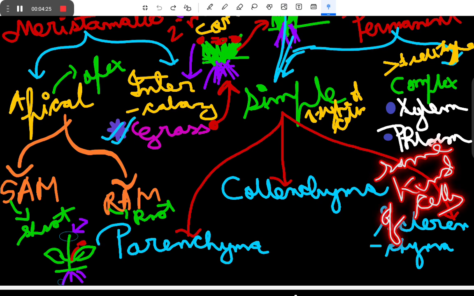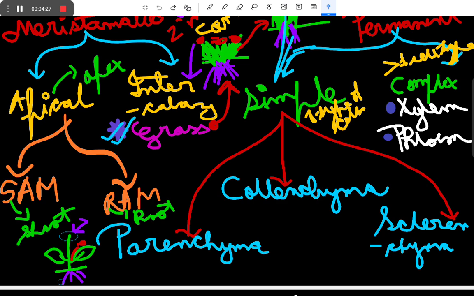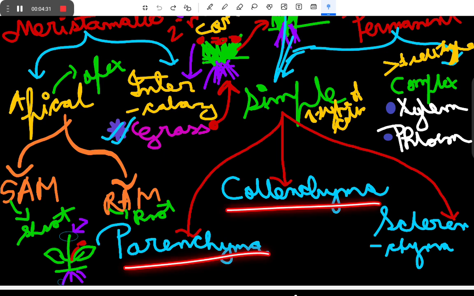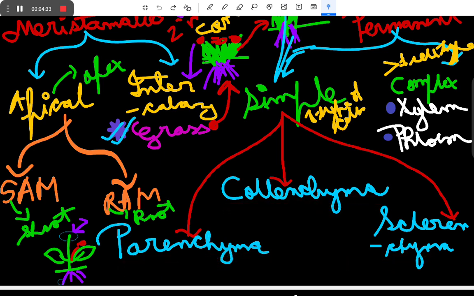But actually it's not. The simple tissues are of three types: parenchyma, collenchyma and sclerenchyma. Then the complex permanent tissues are of two types: xylem and phloem.